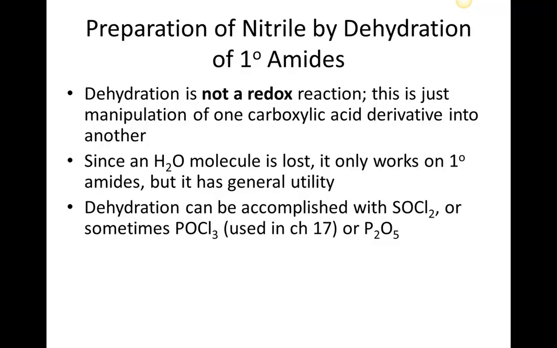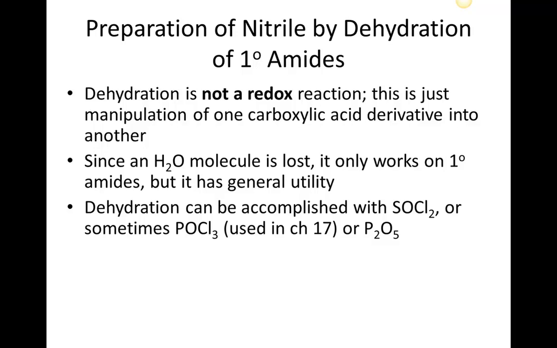And it turns out that it's not really feasible to make a nitrile directly from a carboxylic acid, but it is okay and pretty easy to make a nitrile from a different carboxylic acid derivative.